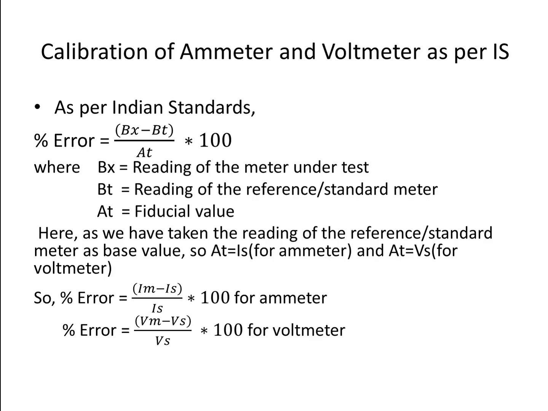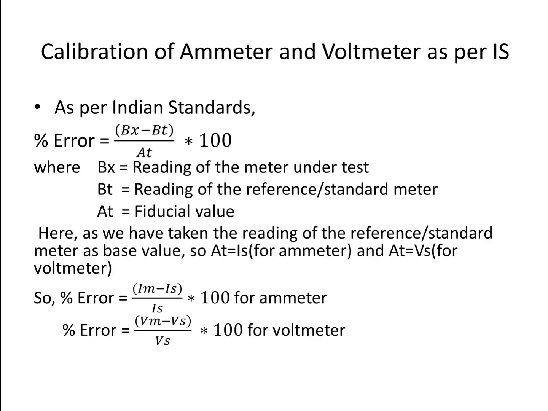Now the error can be positive or negative or zero. If the error is zero, it means that the reading of the test meter is exactly equal to true value of the quantity being measured.